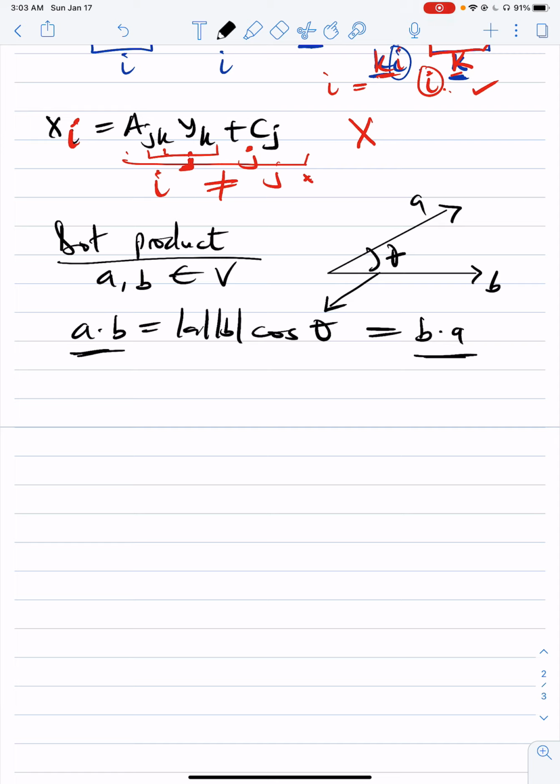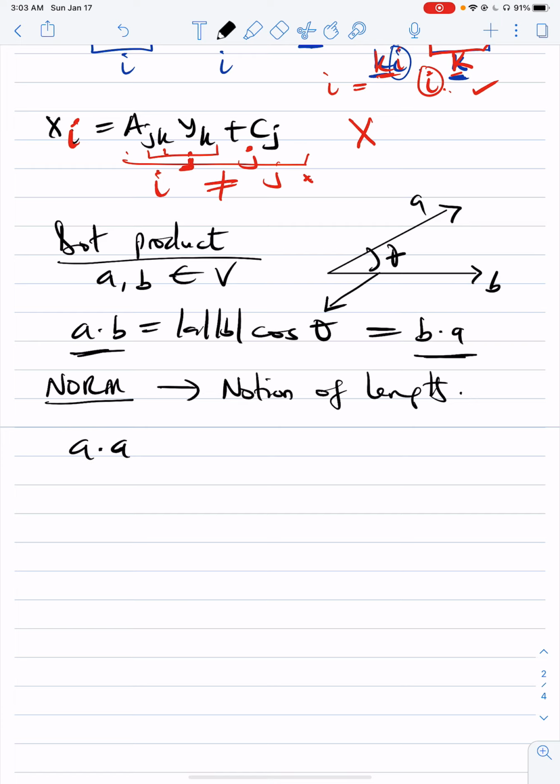How does that make sense? Now, the norm gives you the notion of length, like distance. So if you're taking a linear algebra class, you can see the norm of vectors. If you have a dot a, it's equal to a_i times a_i, right? Now, if you want to find the dot product of this, looking at the expression we already have, we have magnitude of a times magnitude of a times cos theta.